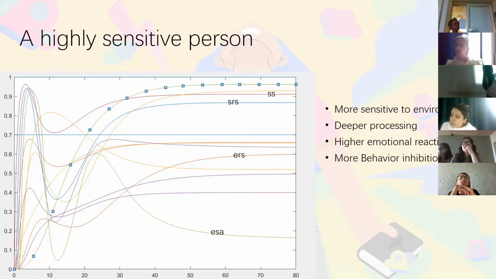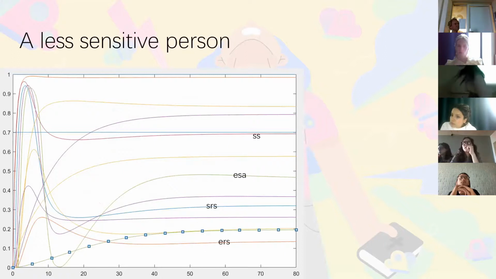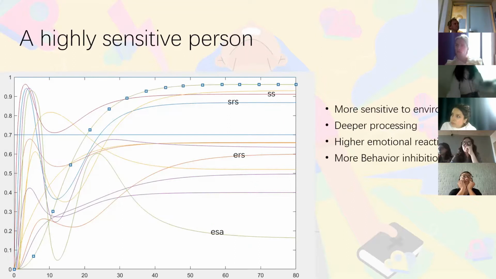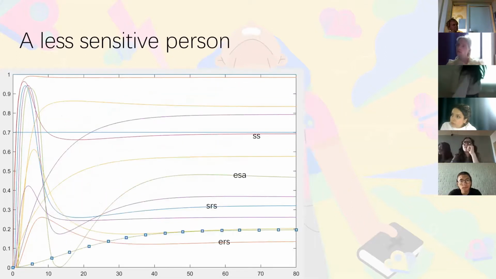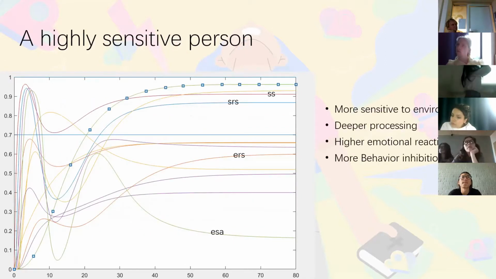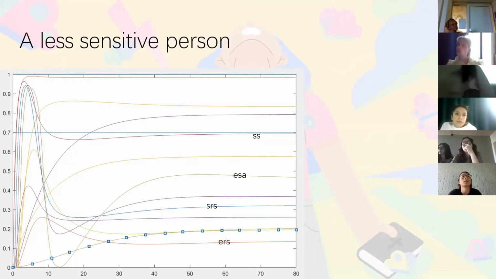And SRS is very high compared to here, where the SS and SRS are relatively low. The emotional reactivity here is also higher than the less sensitive person here. What's also important is the behavior itself. Remember the execution of the action. You can see that it's around 0.2 for highly sensitive people, and around 0.4 for a less sensitive person.